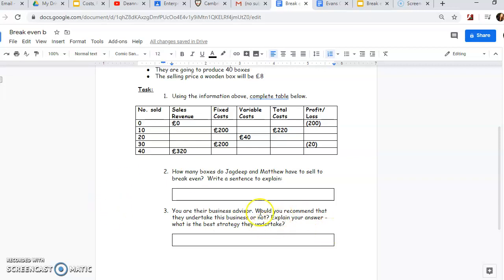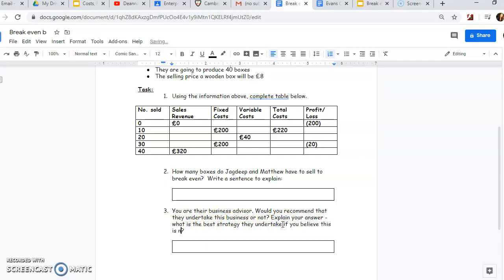Just give me a little bit of thought in this. So explain your answer. What is the best strategy they should undertake, if you believe this is not such a good plan?